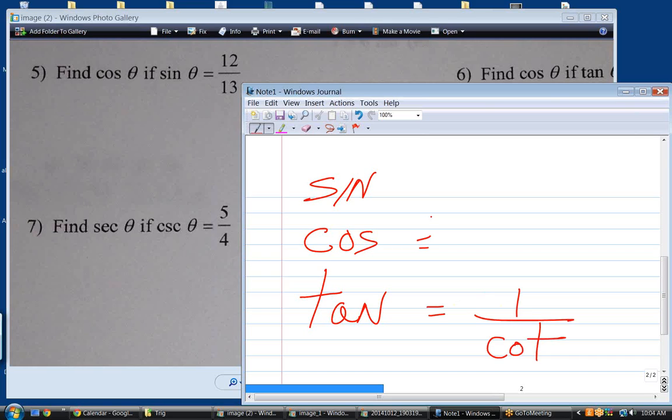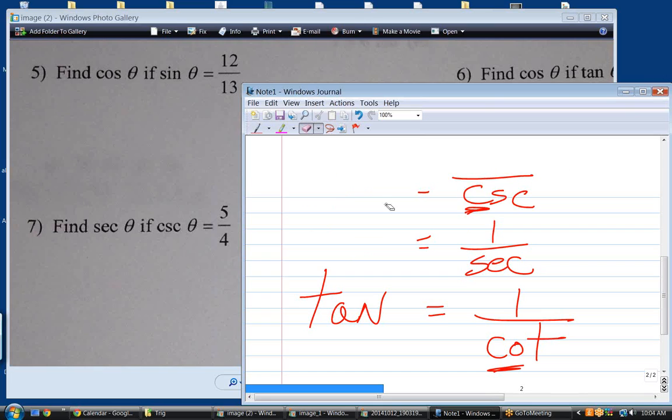So now there's 2 others: secant and cosecant. Which one goes with which? Cosecant goes with sine, and cosine goes with secant. Right, because every one has a co in it, even though these are not cofunctions. Cofunctions are something totally different.